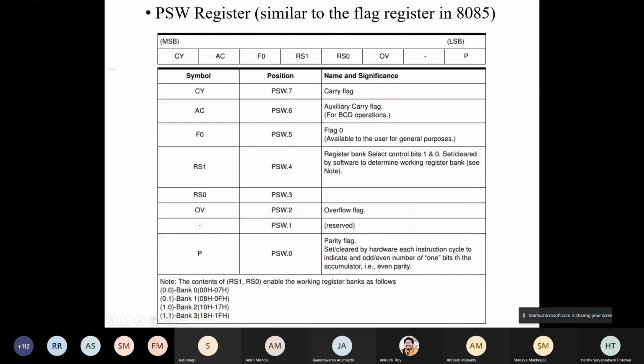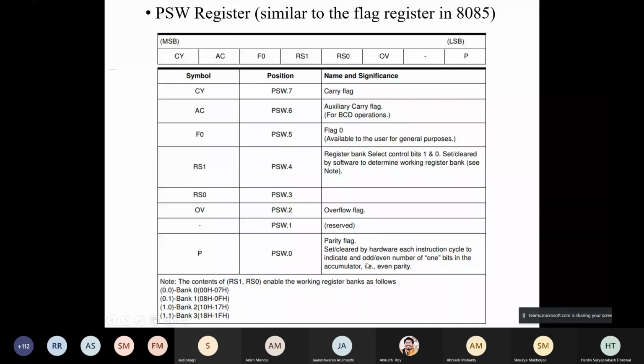One instruction cycle means, let's say you need 10 clocks to complete one instruction, and I'll call that group of 10 clocks an instruction cycle, or it may be 12, 16, or other numbers of clocks based on different instructions. Whatever number of clocks a single instruction takes, I'll call that an instruction cycle. After an instruction cycle, the parity is considered by the hardware and gets updated here.